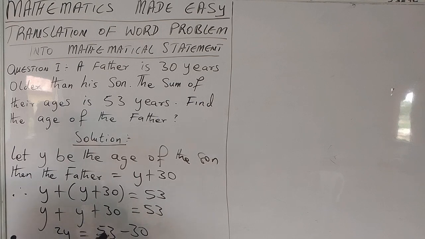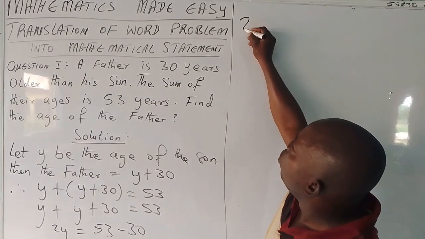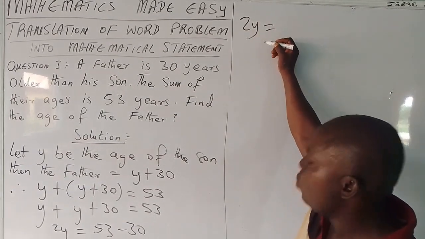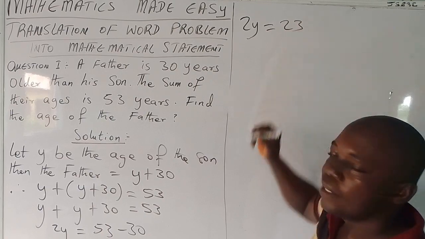53 minus 30: 3 minus 0 is 3, 5 minus 3 is 2, which is 23. Now, 2y is equal to 23.